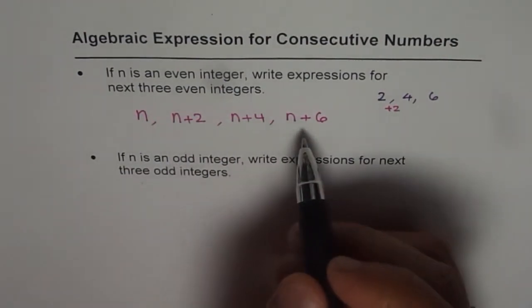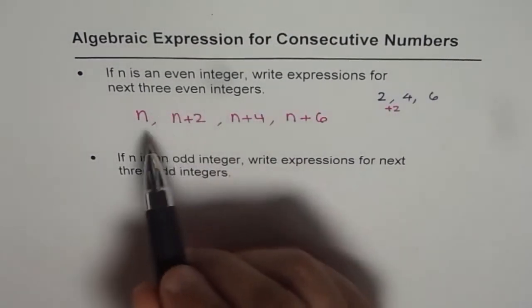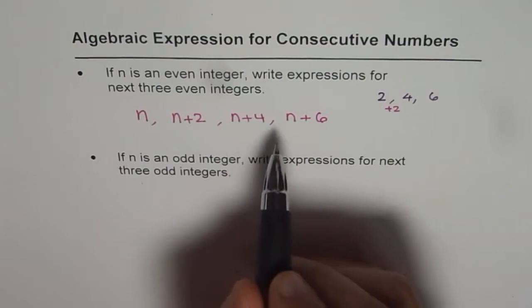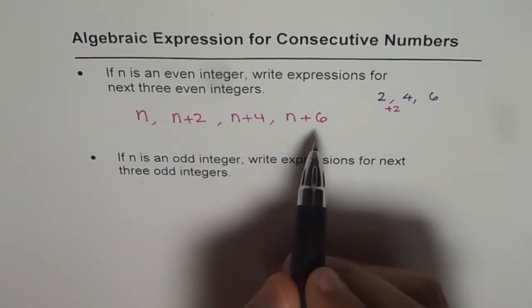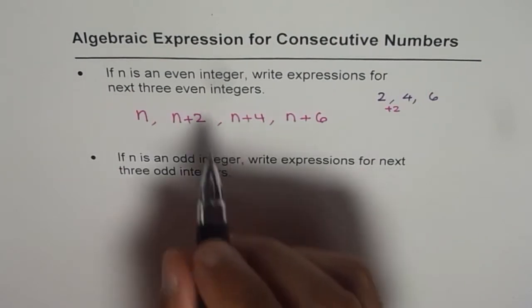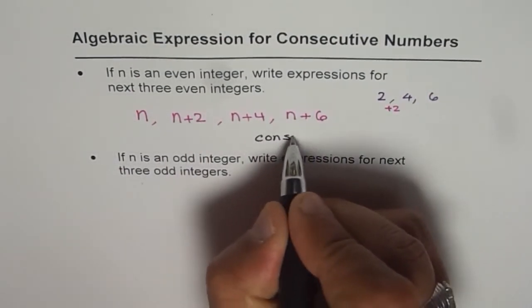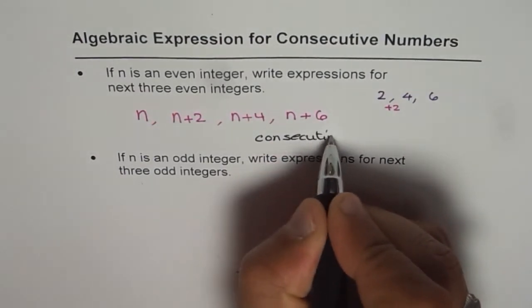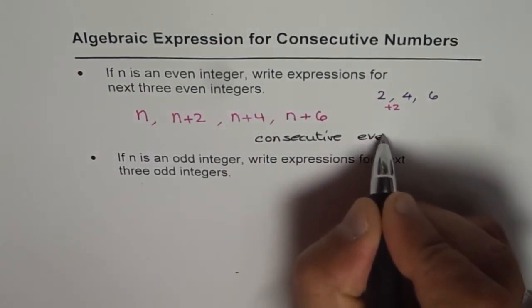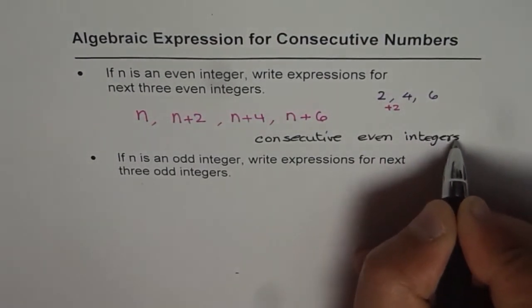And these numbers which come together, we call them consecutive numbers. So here these are 4 consecutive even integers, right? So we can also say that these are 4 consecutive even integers, right?